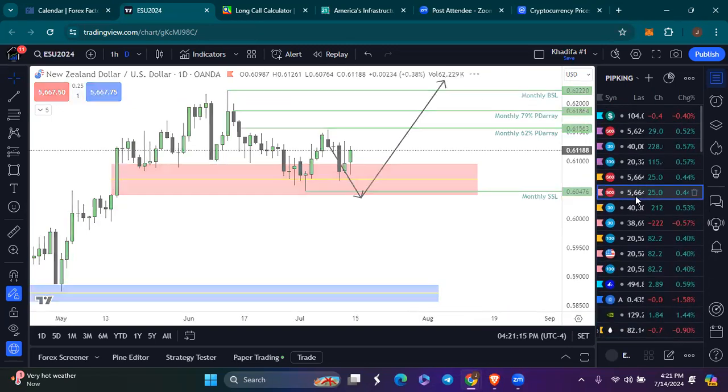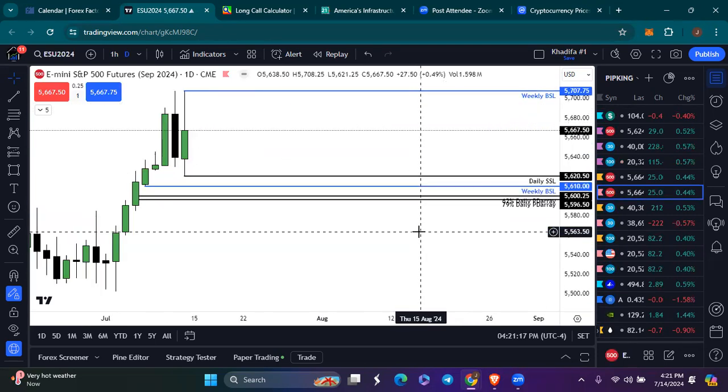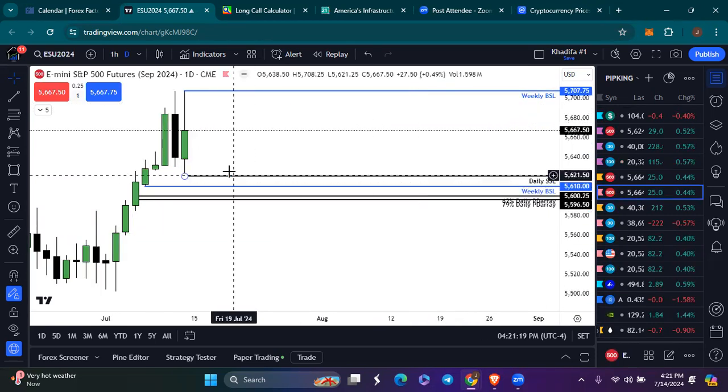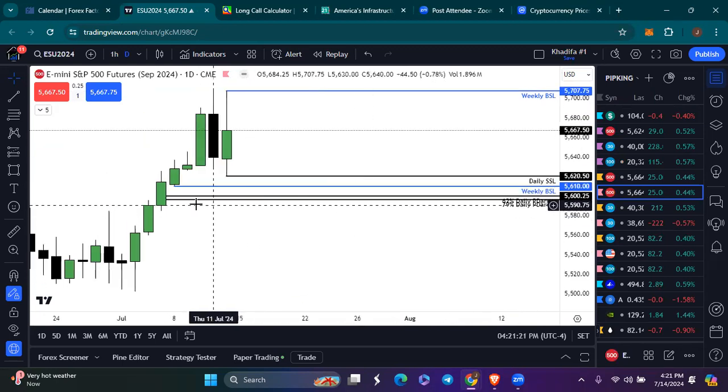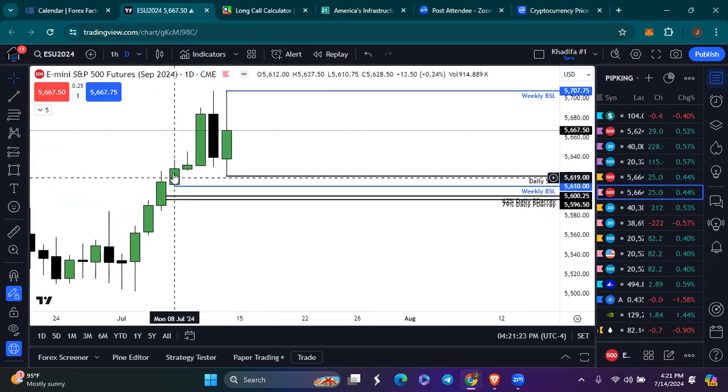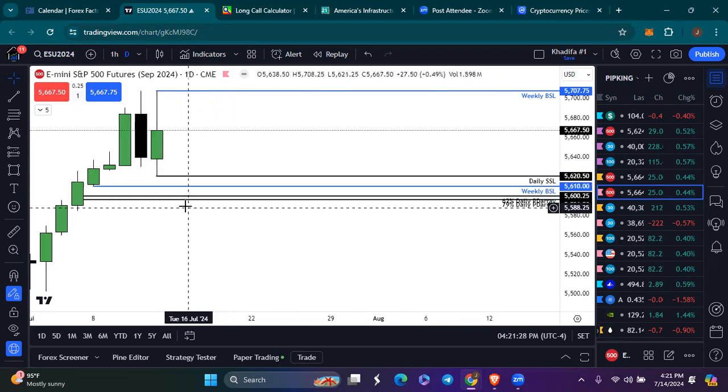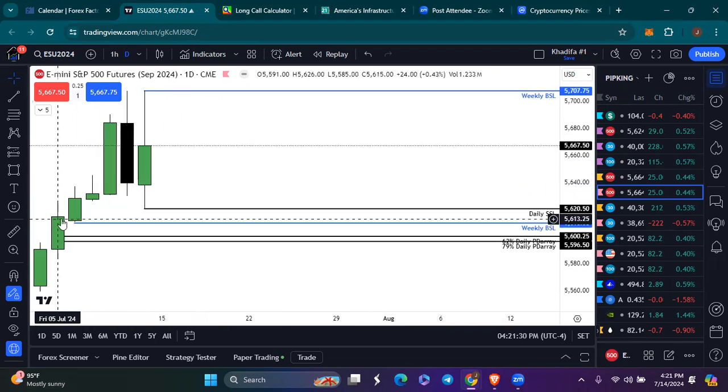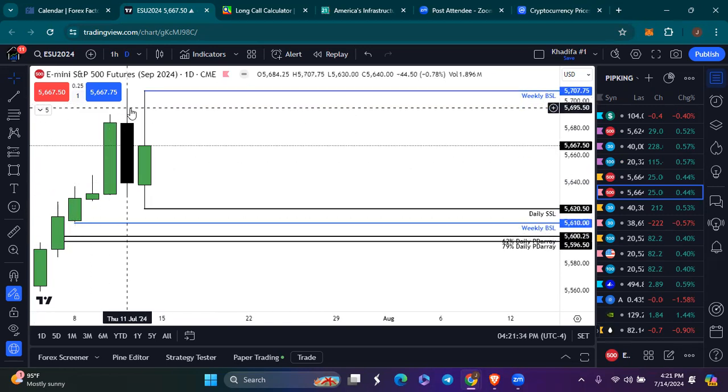Last but not least, looking at our futures pairs, looking at ES. I told you guys last week that I wanted to see us Monday. We were right here Monday when I did the class. I told you that I expected us to pull down into Friday's discount levels and buy from those levels.